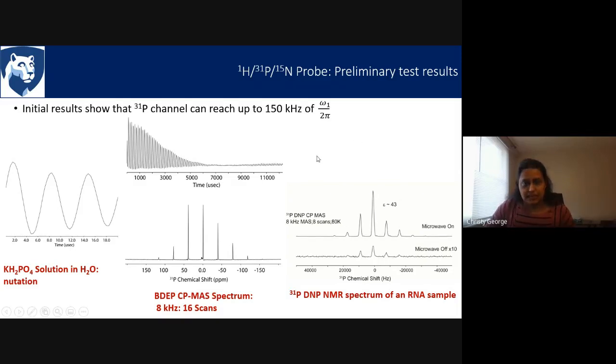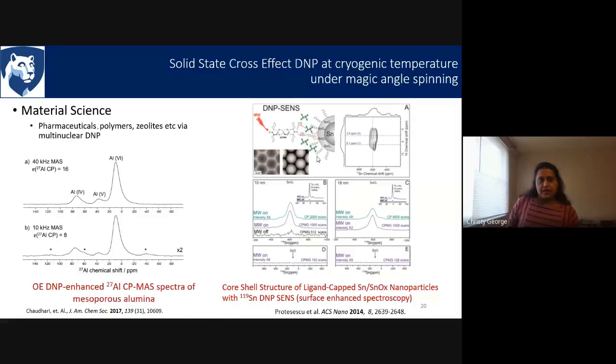However, the nitrogen channel was not up to the mark, so somebody else is working on that right now. But now I will show the results that we obtained on our finished probe, which is the proton carbon nitrogen probe. Before moving on to the results, I would like to talk some about the applications of DNP.